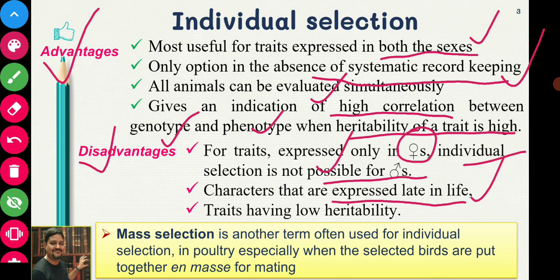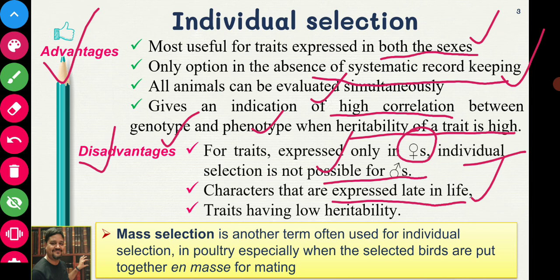What will you have to do? You will first have to kill the animal, and then see the weight of that carcass. Suppose you decide this particular animal has the highest carcass weight. You cannot select that individual because it has been killed by you for measuring carcass weight. So for such traits, you cannot go for individual selection.